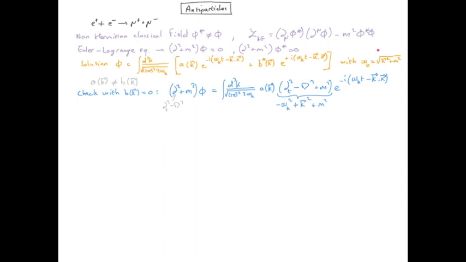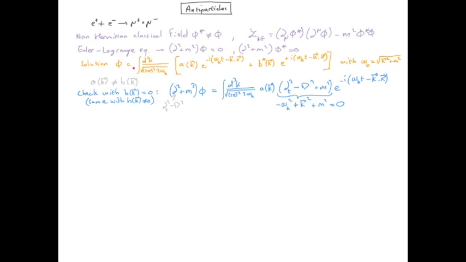And we see that by imposing that omega k is equal to the square root of k squared plus m squared, this quantity is just 0. Of course, it works the same way for B not equal to 0, because we have the same form of the exponent up to a sign. We have omega k t minus k x, which brings this condition, and therefore this is a solution to the Klein-Gordon equation.